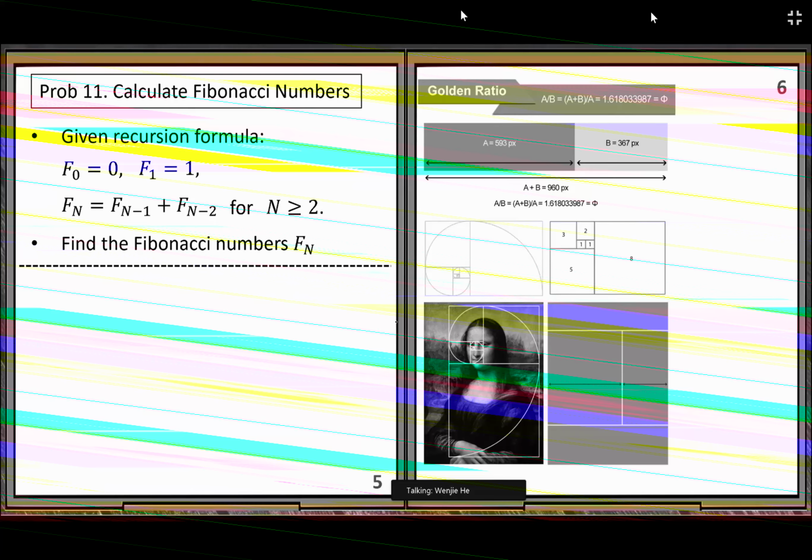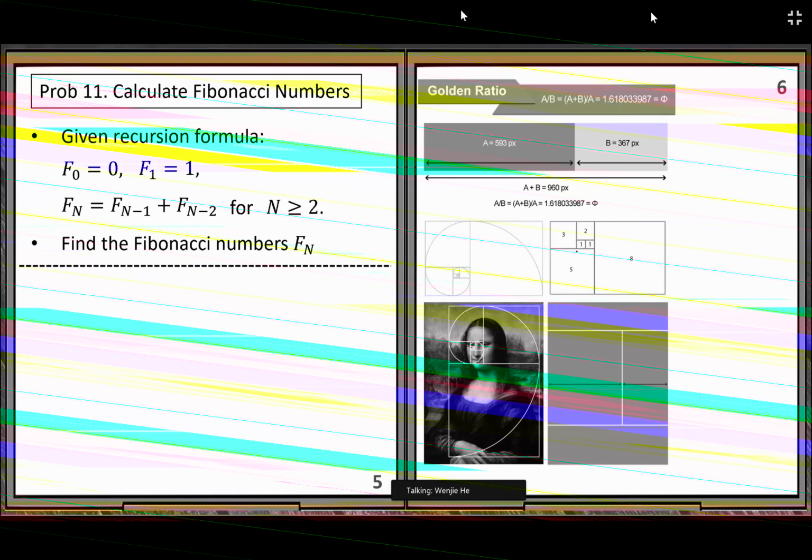But another one people also see: for each square you can draw a corner arc in some special way. Let's say first corner arc, second corner arc, third corner arc, next corner arc.